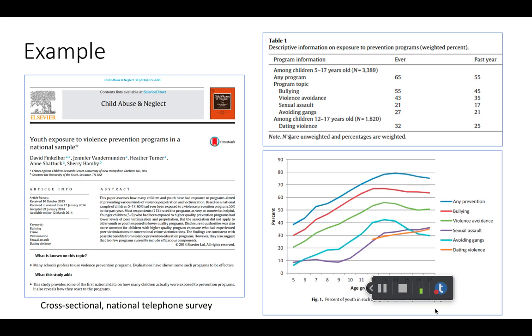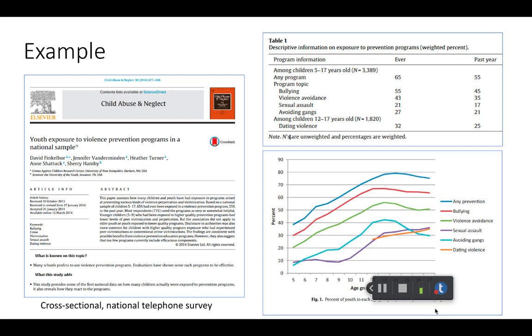They called several thousand young people and their parents using random digit dialing to get a random sample of the US, and talked to one child per household. They recorded the age of the child, whether the child had ever been exposed to various kinds of violence prevention programs, and whether the child had been exposed in the past year.